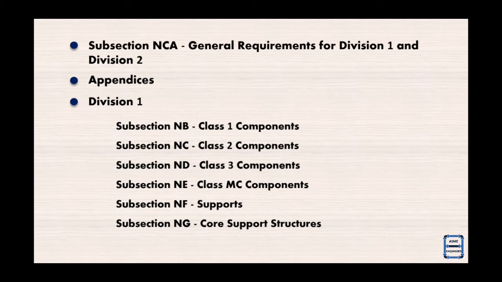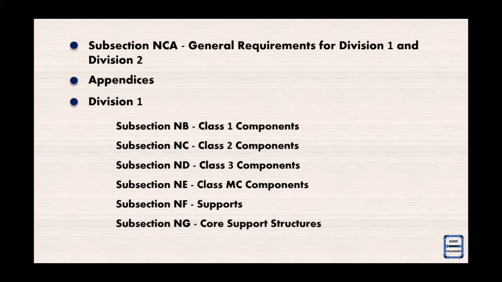Next is subsection NC, Class 2 components. These components are also important for a nuclear facility, like emergency core cooling systems, post accidental heat removal, post accidental fission product removal, etc. Next is subsection ND, Class 3 components.